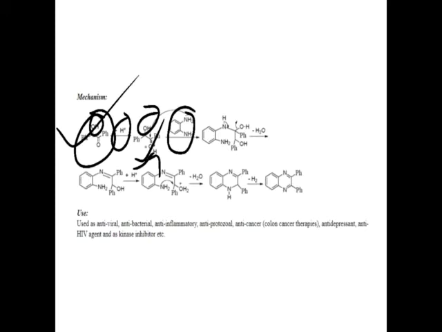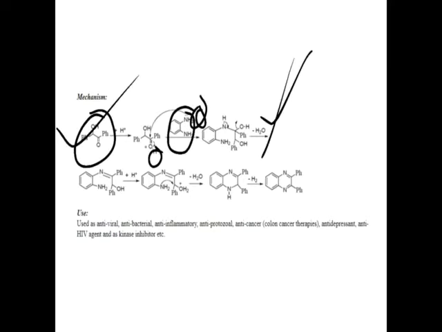In the second step, the orthophenylene diamine, that is the aryl 1,2-diamine, reacts with this one. So this hydroxy group and this hydrogen are removed in the form of a water molecule, and then bonding between the nitrogen and this carbon takes place.